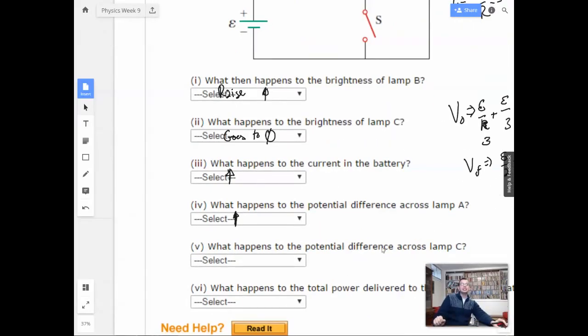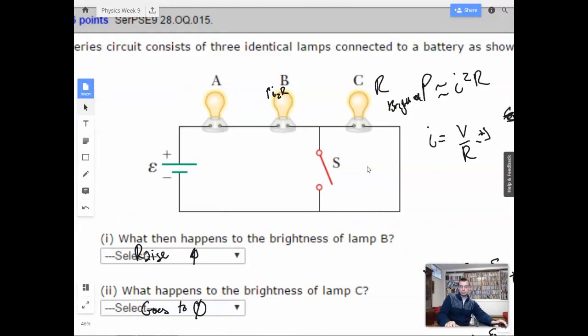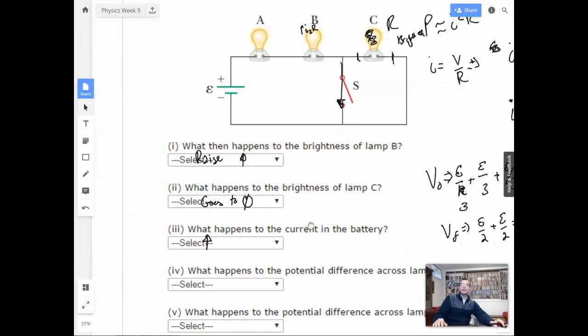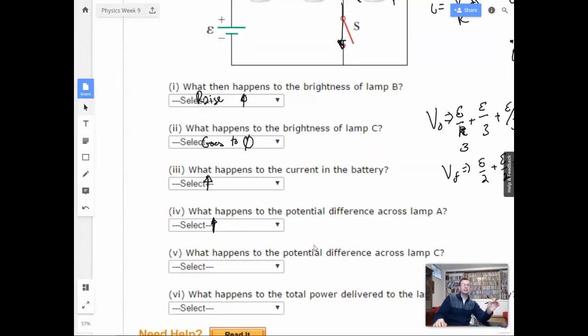What happens to the potential difference across C? Initially we're going to have epsilon over 3. 1/3 of the total voltage drop is going to happen across C because they're the same. But after we close it, current's going to go this way. And since this side and this side across the lamp C are connected by a wire with 0 resistance, there's going to be 0 potential difference across C. So the change goes to 0.